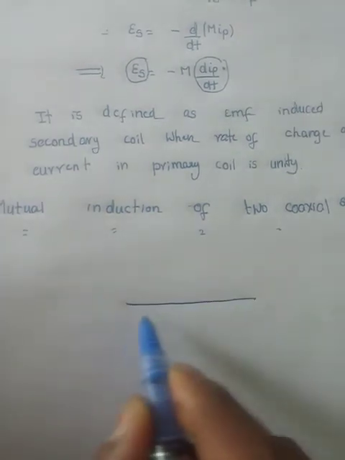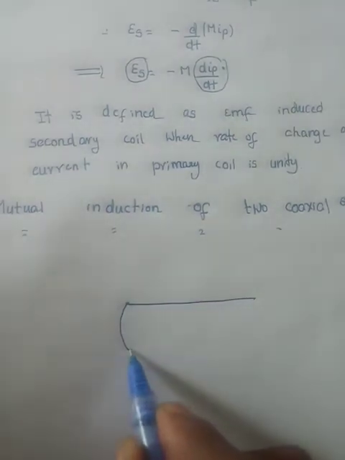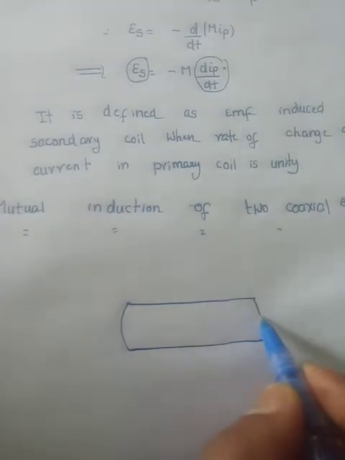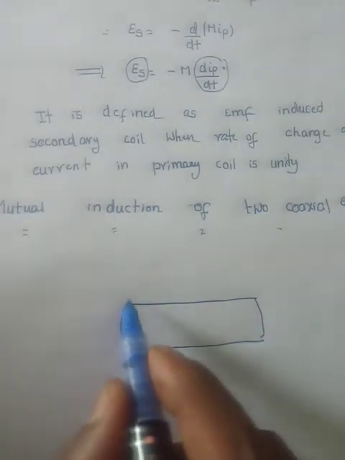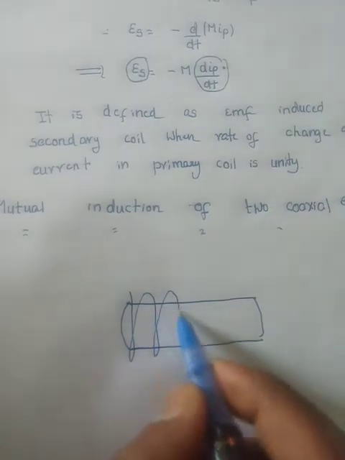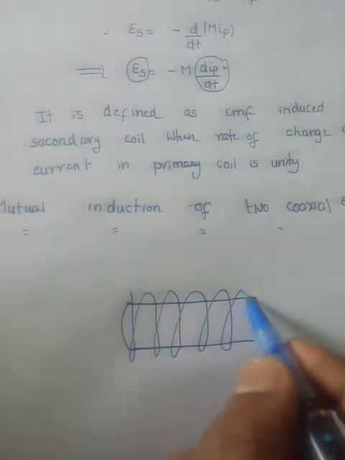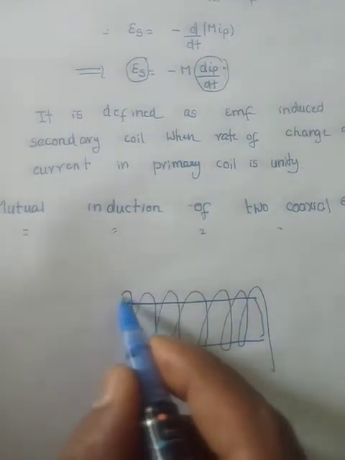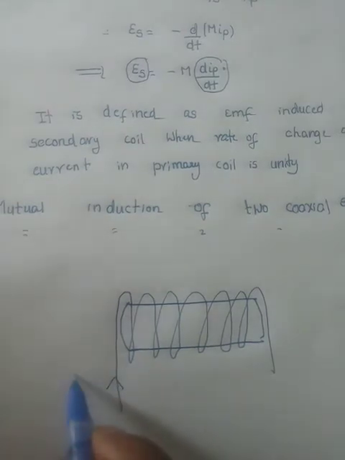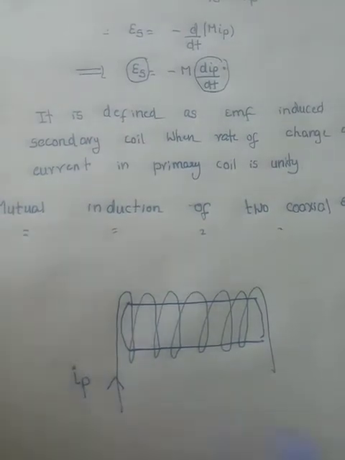Let us take an insulated cylinder. On this, one wire is wound. Let the current flowing in this primary coil be Ip.